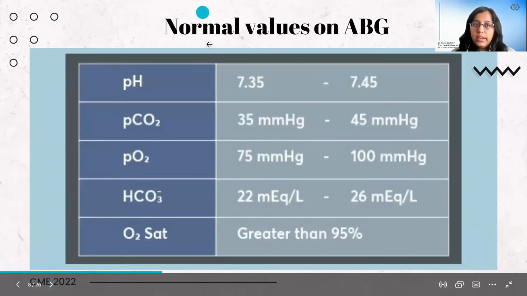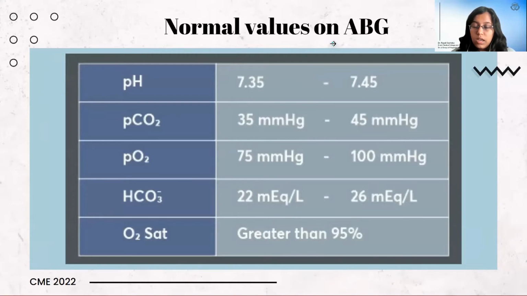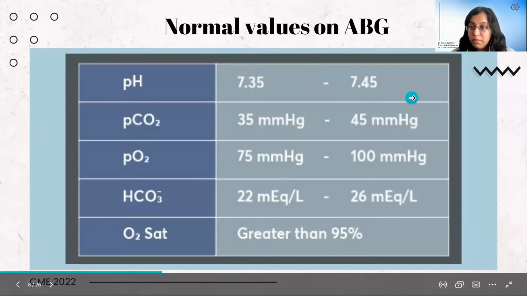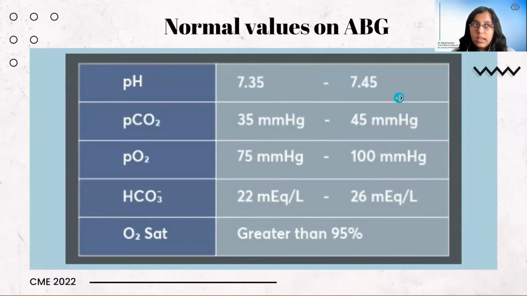Now, moving on to interpretation. Before you move on to interpretation, you need to know the normal values. These normal values have to be memorized. There is no way around it. Sometimes they're given on the reports itself, and sometimes they're not, so it's always better to know these. Your pH is from 7.35 to 7.45, PCO2 35 to 45.